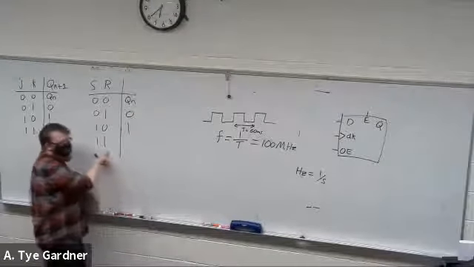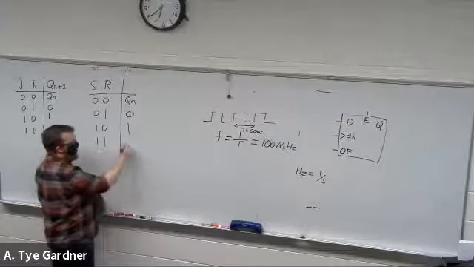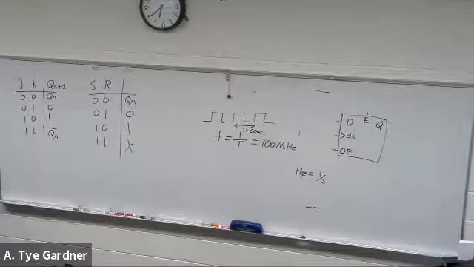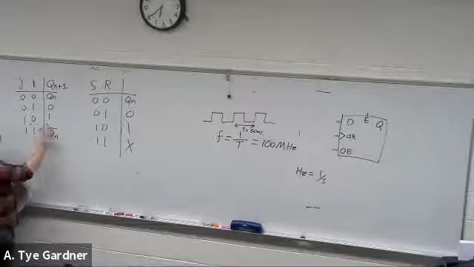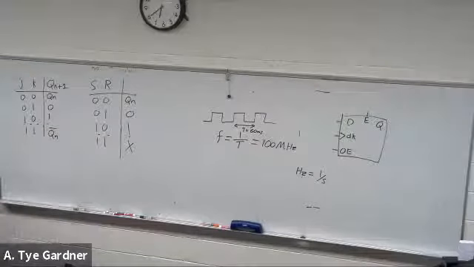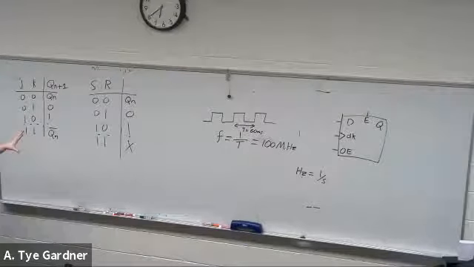And 1, 1, just like the SR latch, in the SR flip-flop, it is don't do that. But what's nice is you'll notice that the JK flip-flop and the SR flip-flop are the same, with the exception of this one. So you can actually use a JK flip-flop as an SR by just not ever doing this.